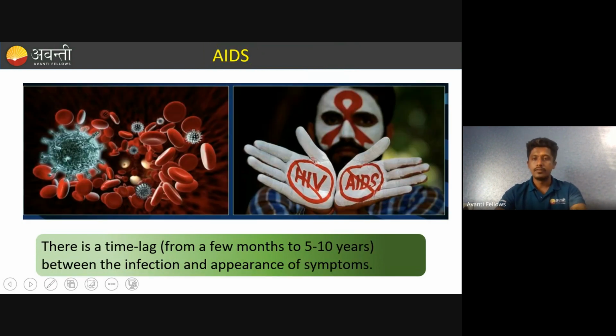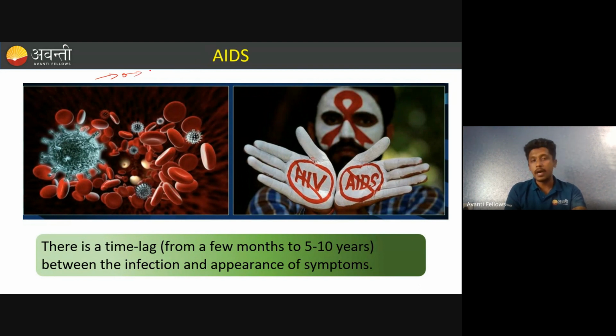Okay, sure. Now, this particular virus is so dangerous and so smart. Why? Because when it gets into your body, it can cheat your body for a very, very long time. How do they do that? If today I make contact with an infected person, and let's say this is the day, tomorrow I will not get AIDS.